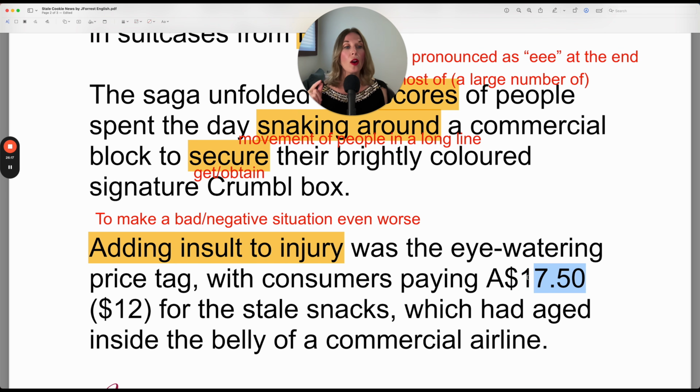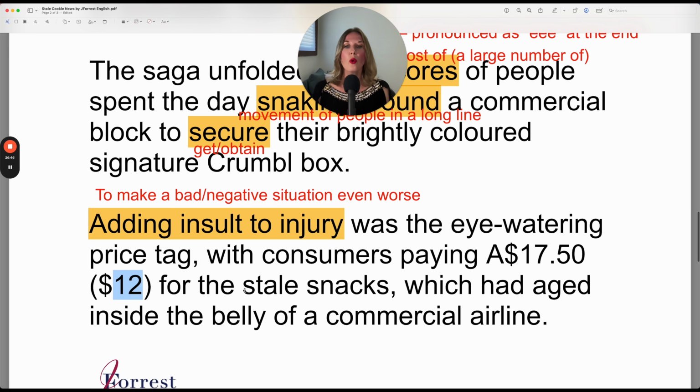$17.50. Now here I would vocalize the dollars and cents because it's the noun phrase. When you pay an amount, it's a noun phrase. But when this describes something like the snack, it would be an adjective. So paying $17.50 in Australian dollars, which would represent 12 US dollars, which is still outrageous for a cookie, in my opinion, for the stale snack.